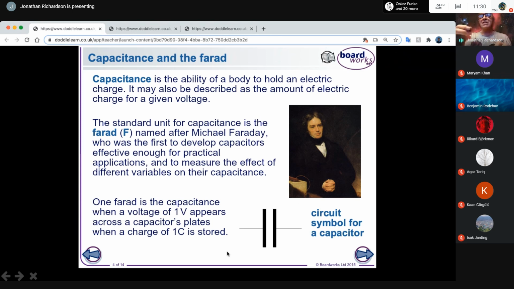So let's just imagine this as a battery. I take my battery and connect my capacitor to it. Why can I do that? Why is that allowed in electrical theory, that I can take a capacitor, connect it to a battery, and the circuit is still allowed? Why is that?